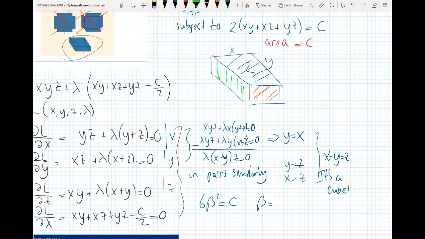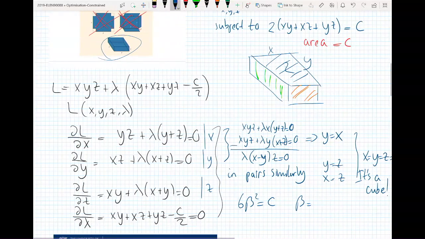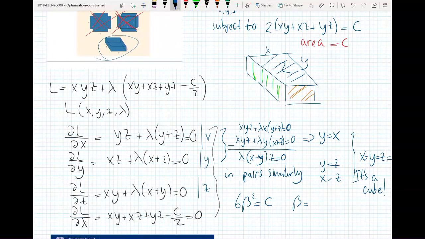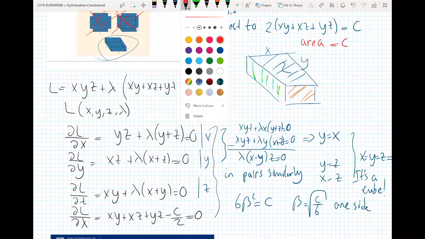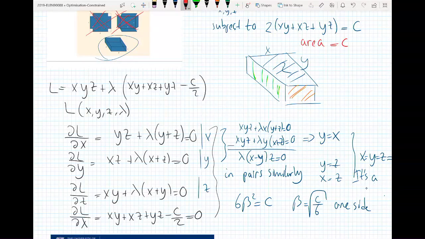I love this virtual thing because in the physical blackboard, I always run out of space. Then you get beta equals the square root of c over 6. So it's a cube with beta as sides.